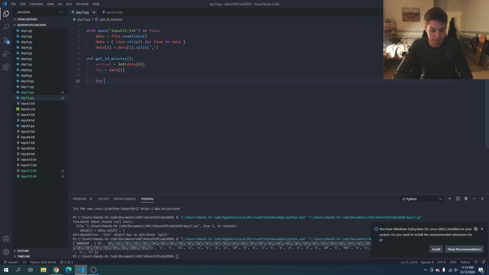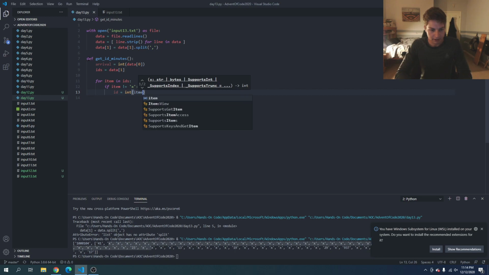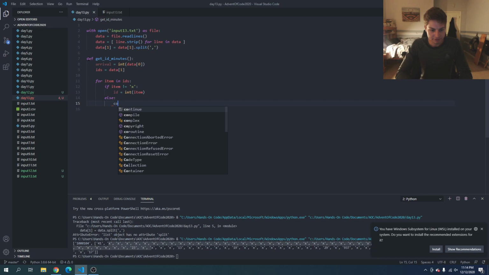Now we'll say for item in IDs, well, we also have to deal with X's, so if item not equal to X, then ID is going to be equal to int item. Else continue, because we don't need to do anything if it's an X, we'll just ignore it.